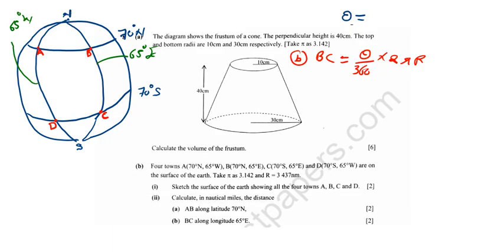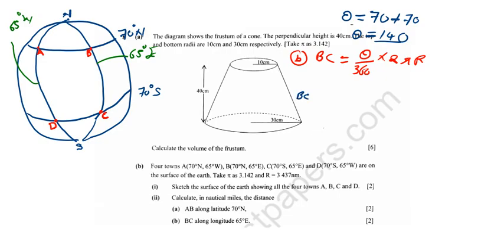Since they are on different hemispheres, we have 70 north and 70 south. For different hemispheres, you add. So we are adding 70 plus 70, and theta will be 140. So theta is equal to 140.